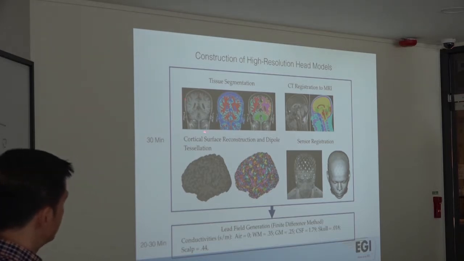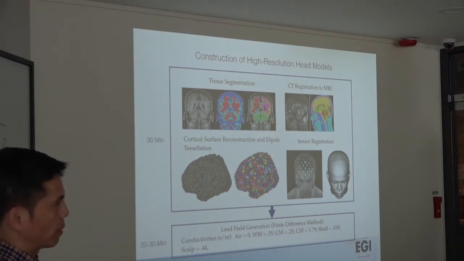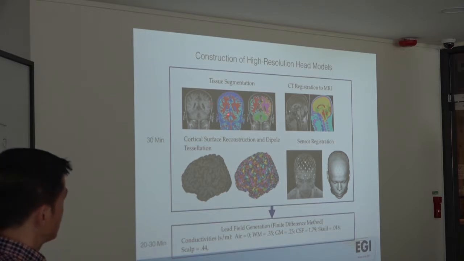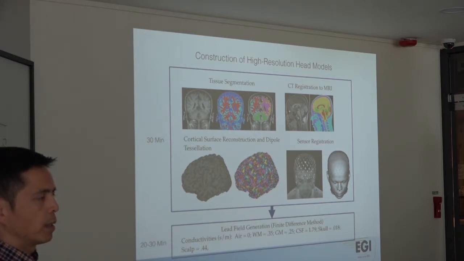For every single individual, we can create a very high-resolution model of the head. So here is an MR. We segment all these tissues that I talked about before, and we can predict current flow from the inside out. And that's how we do our source analysis.